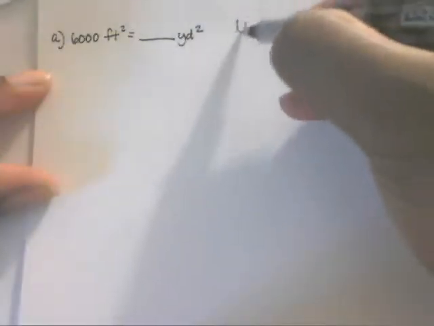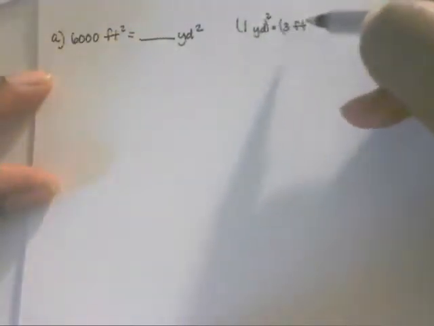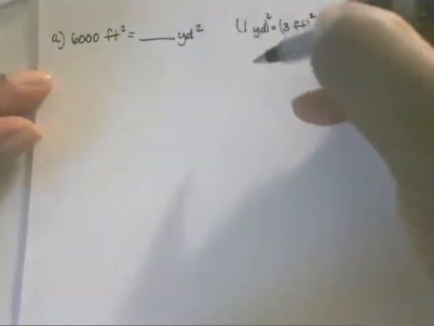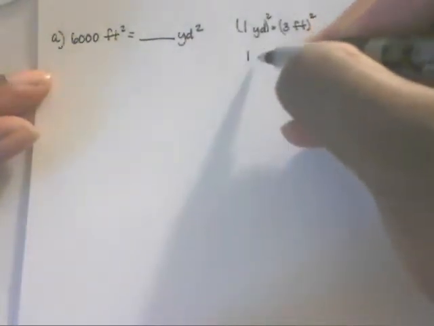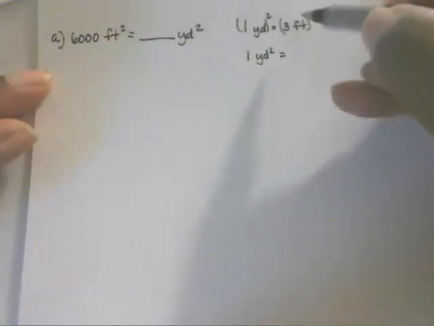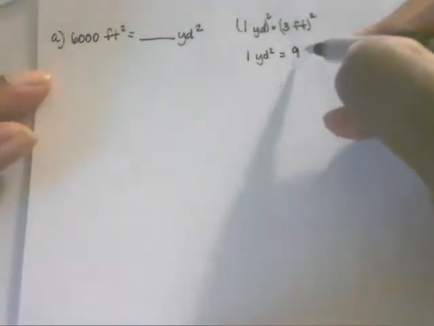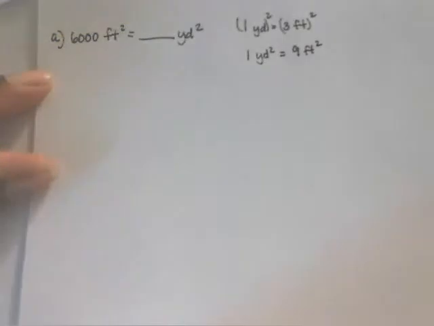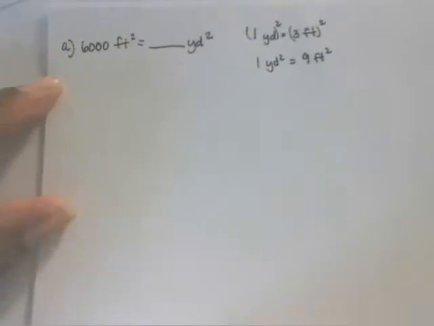If I square both sides of this equivalency, I'll have a square yard that's going to be equal to, now 3 squared is 3 times 3, that's 9. So now 9 square feet make up 1 square yard. Okay, so here I'm going to use a unit analysis to convert 6,000 square feet to square yards.